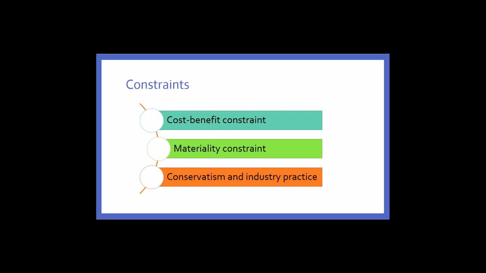And that's what being conservative is really all about. The principle of conservatism really underlies a lot of areas in accounting, and we'll look at some examples in some later videos. And then industry practice just means, generally speaking, unless we have a reason not to, we want to follow the same practices that other companies in our industry are following.